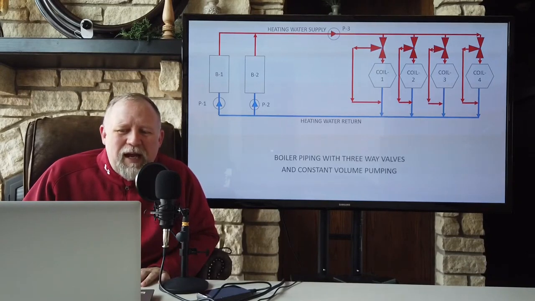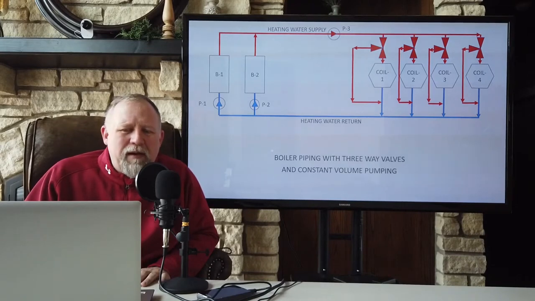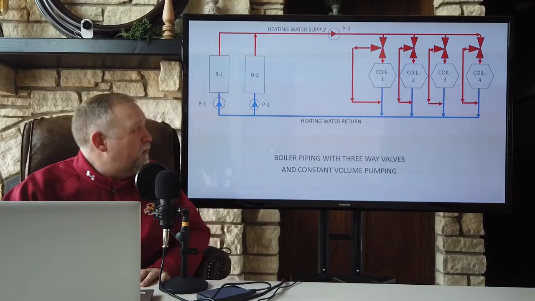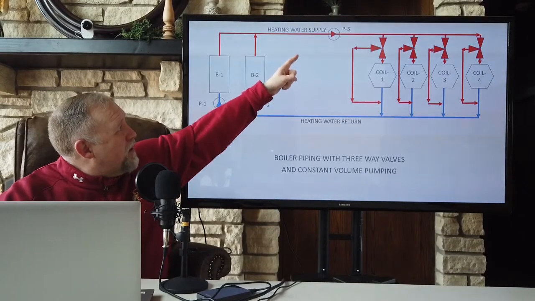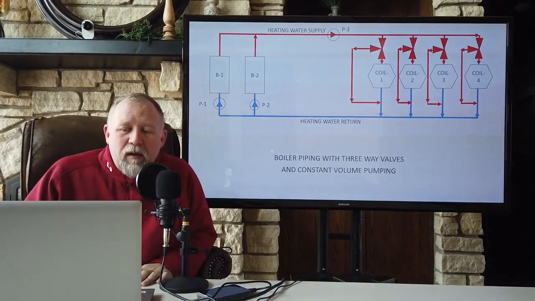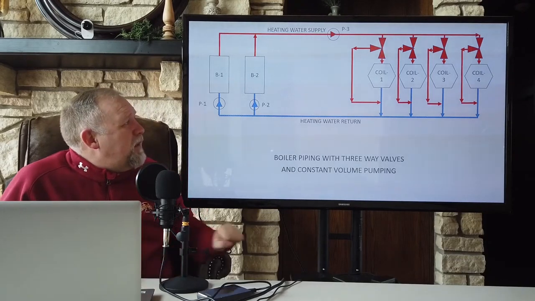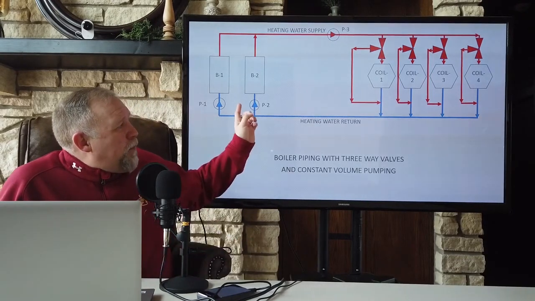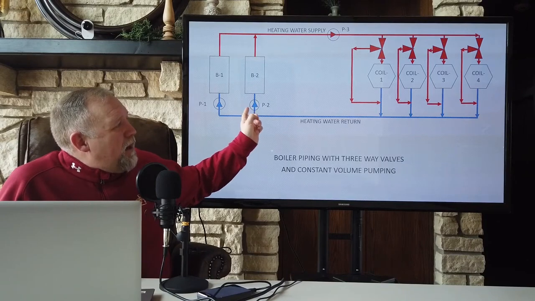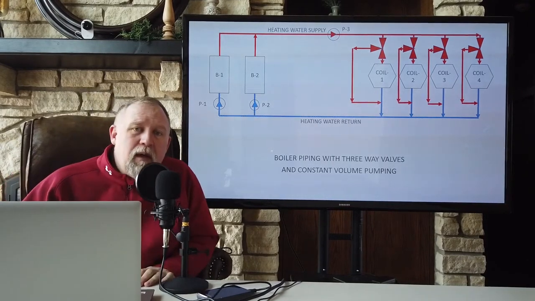So the question is, how could we make this better and more energy efficient? Because, to be perfectly honest, we are using up a whole lot of energy in that distribution pump for not much purpose. I mean, how often is a boiler plant going to be at 100% load?